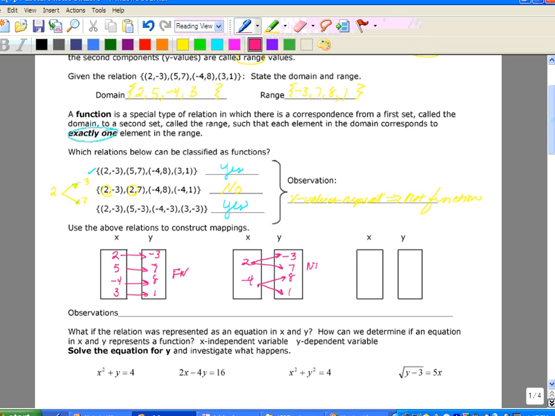That's why this one was not a function. And then finally we could set that one up with the 2, 5, -4, 3 corresponding to a single value, but notice each x corresponds to exactly one y, so we're still within the definition of a function.